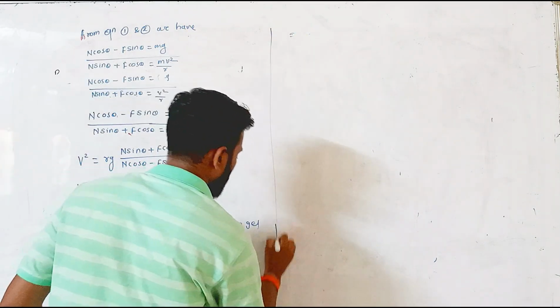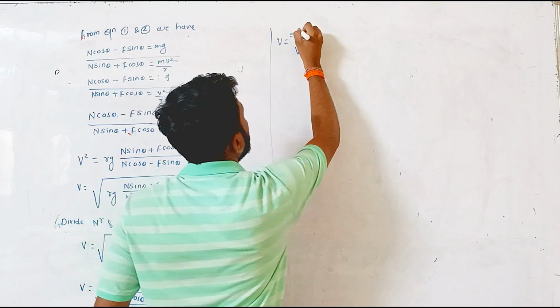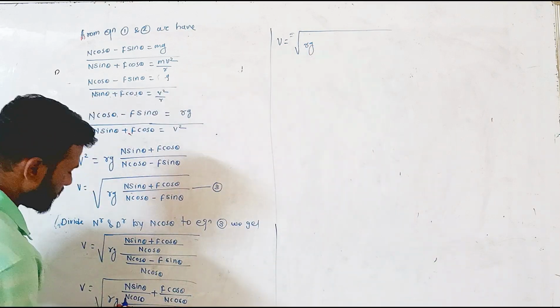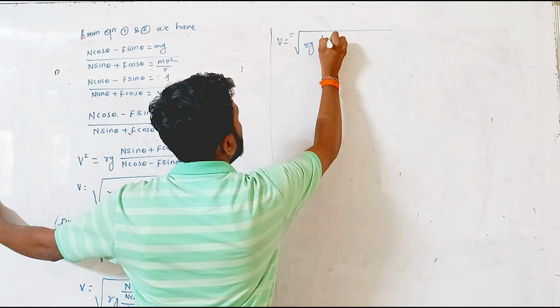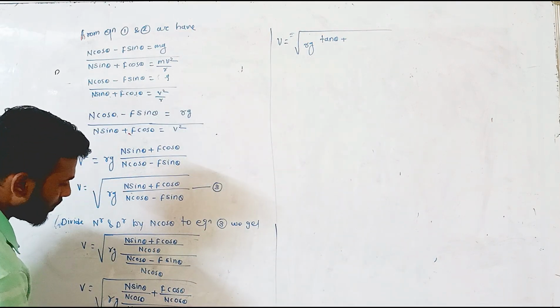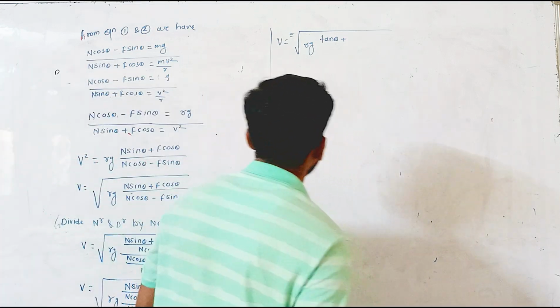Okay, so v equal to under root rg. Let's look at this equation: n sin theta upon n cos theta, what is it? Tan theta, plus f cos theta upon n cos theta.